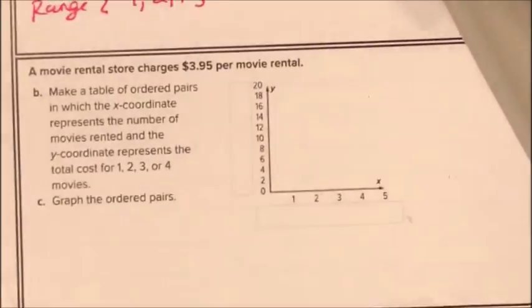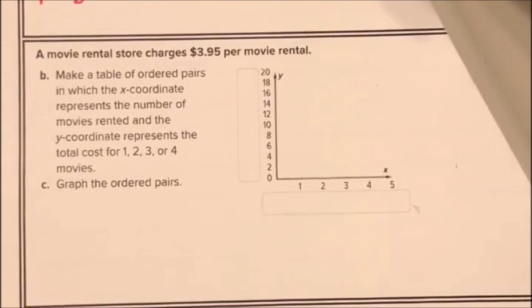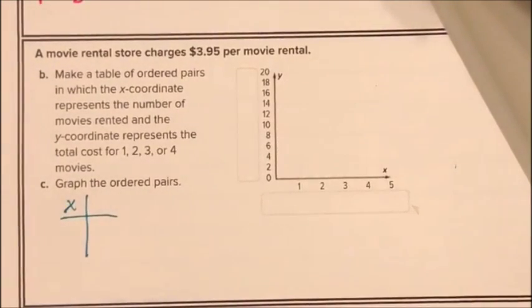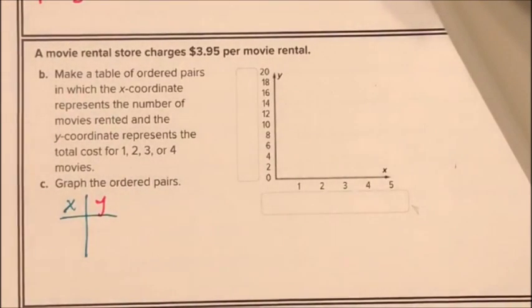Letter B says a movie rental store charges $3.95 per movie rental. Make a table of ordered pairs in which the x coordinates represent the number of movies rented and the y coordinates represent the total cost for 1, 2, 3, or 4 movies. Graph the ordered pairs. So I'm going to go ahead and make my x, y table.